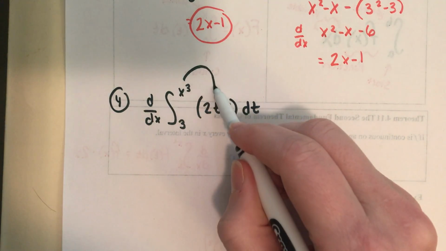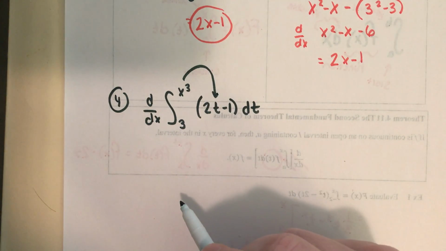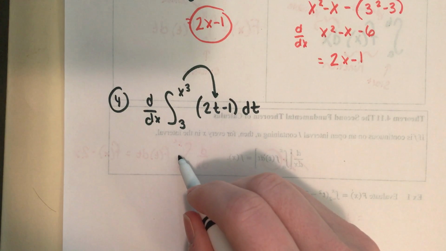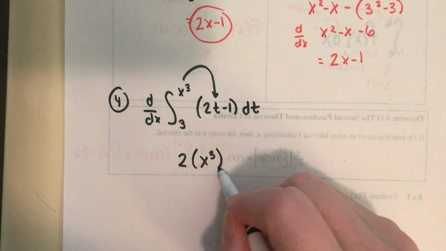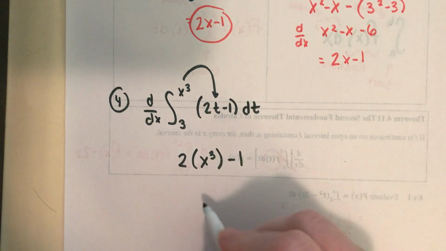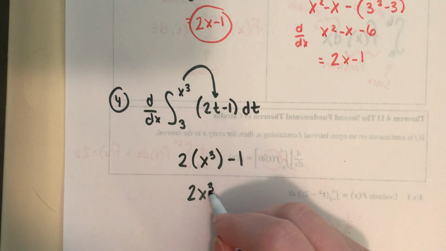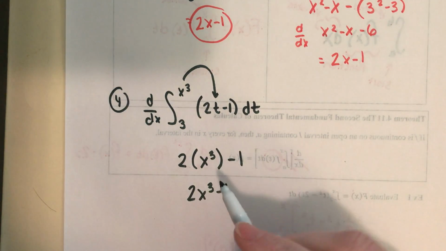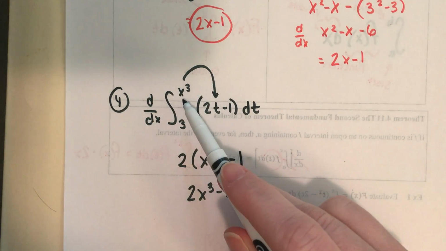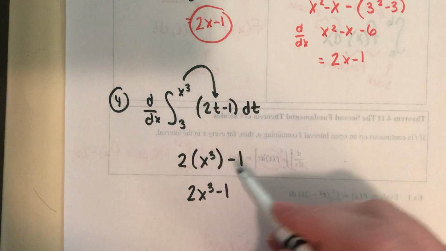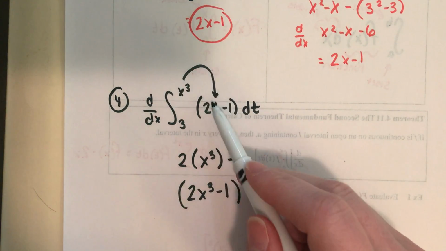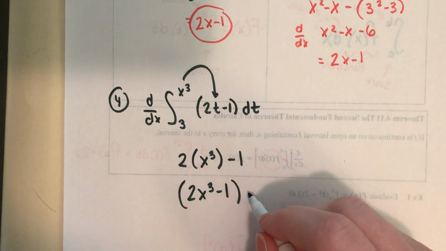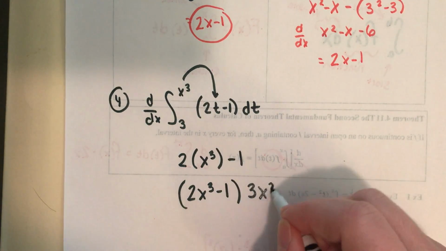But this time my variable is an x cubed, not an x. So I'm going to replace that t with an x cubed. So that's 2x cubed minus 1. And I'm also going to, using that fundamental theorem of calculus, multiply by the derivative of that number that I'm plugging in. So the derivative of x cubed is 3x squared.